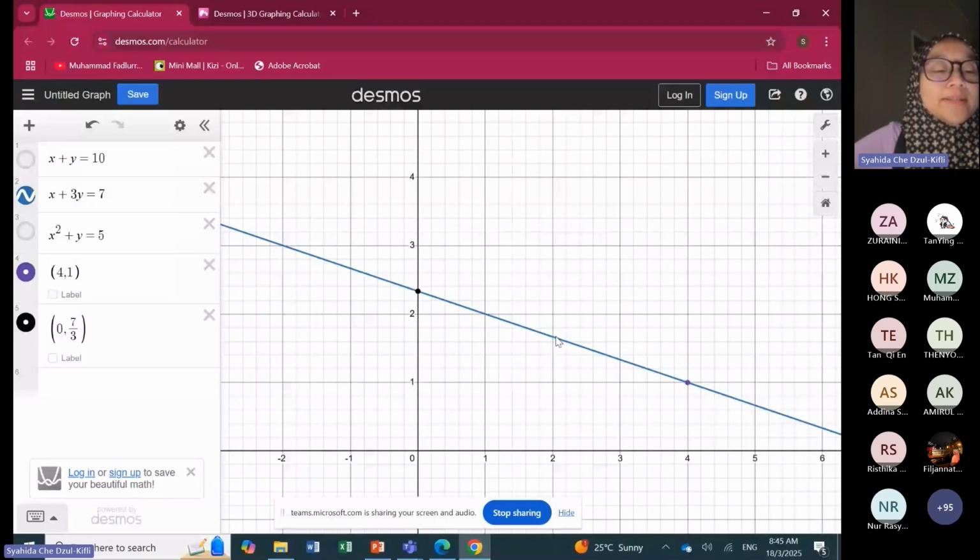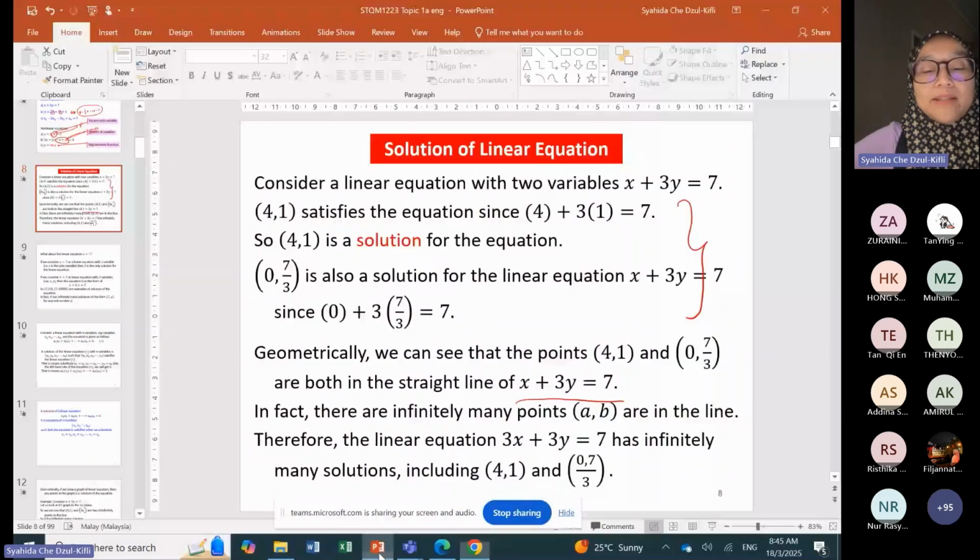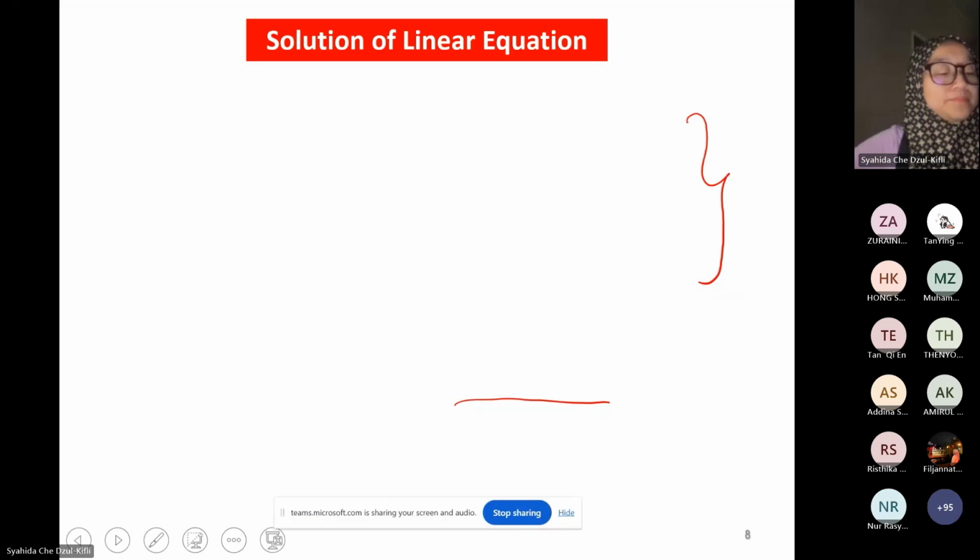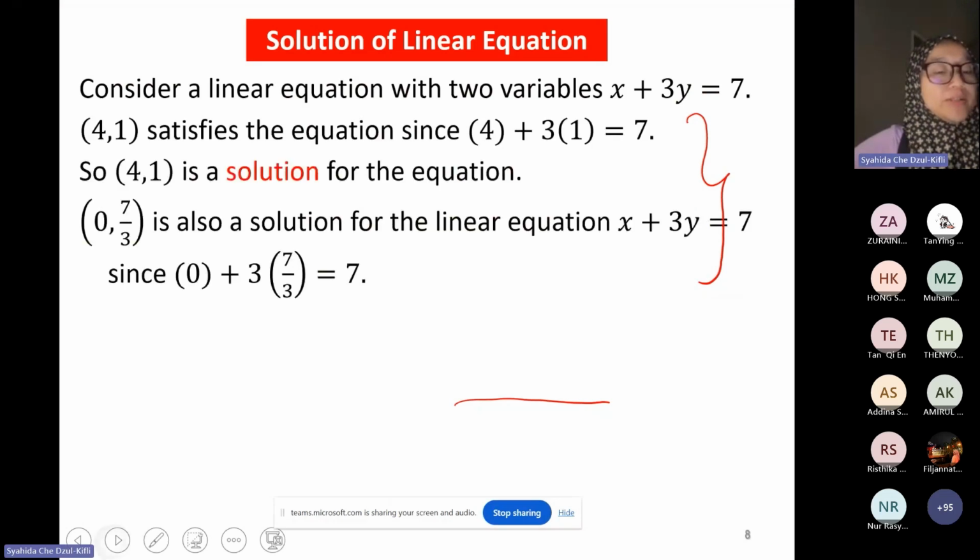We have other points, for example, this point, etc. So there are infinitely many points on the straight line, and therefore this linear equation has infinitely many solutions.